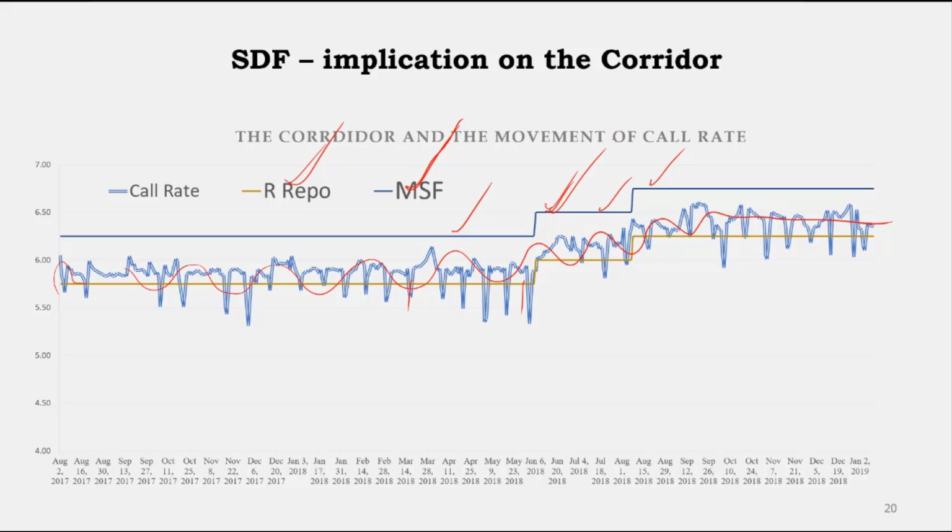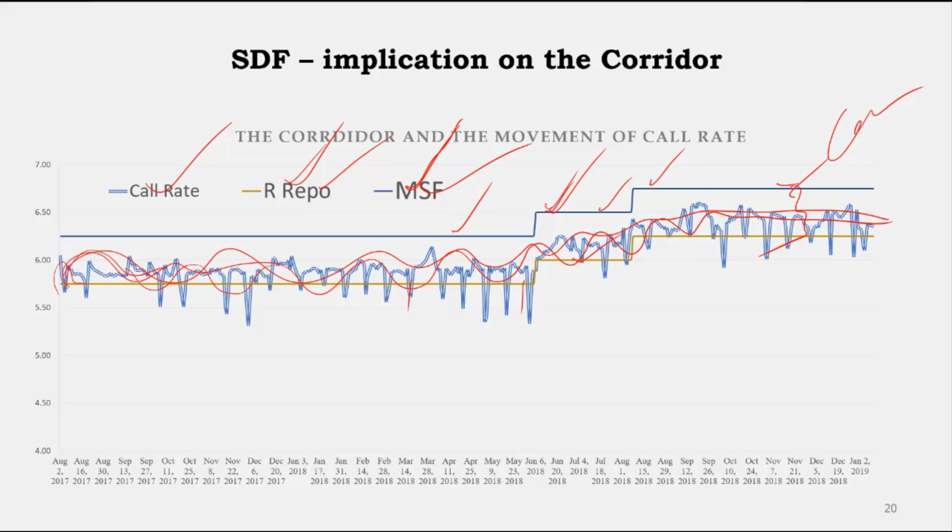So this is the MSF, this is the reverse repo rate, and the call rate should ideally move between these two, and this is called the corridor. The significance of the corridor is that the call rate is the most important indicator that shows the liquidity position of the economy. So the call rate should ideally move between this MSF rate and repo rate.